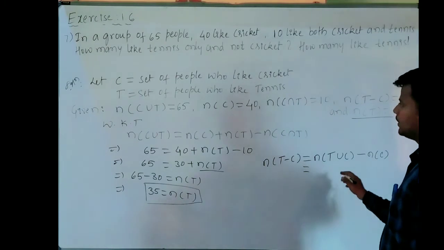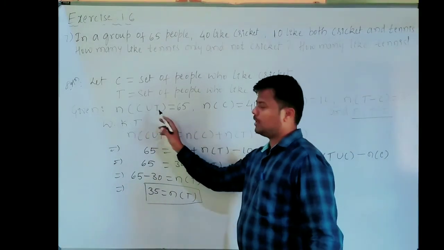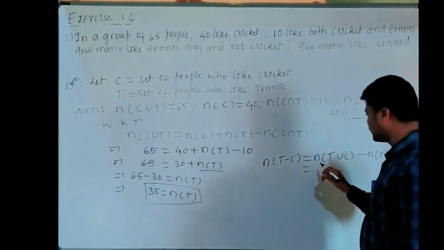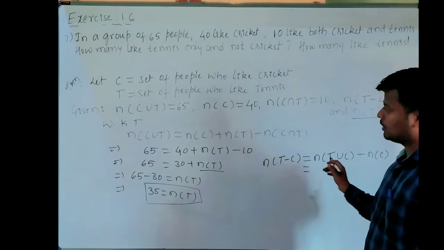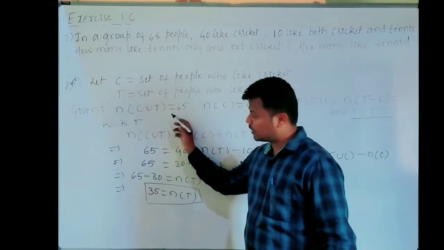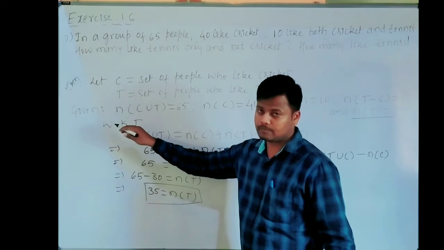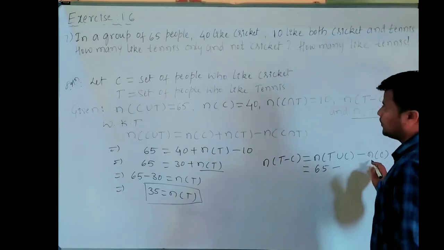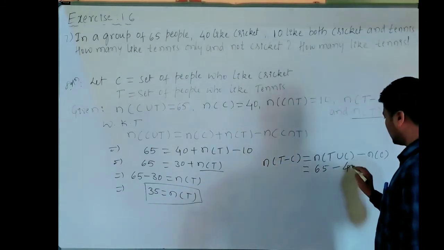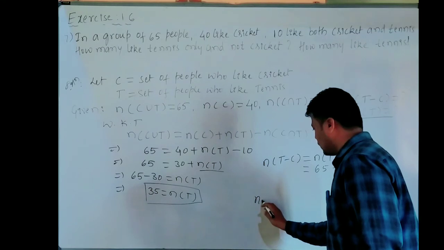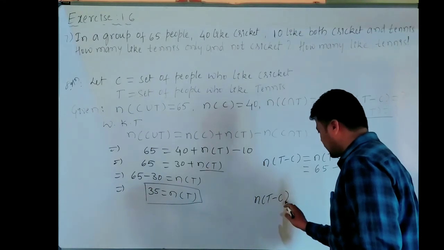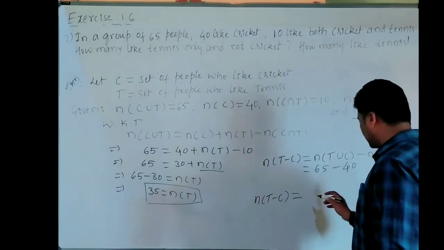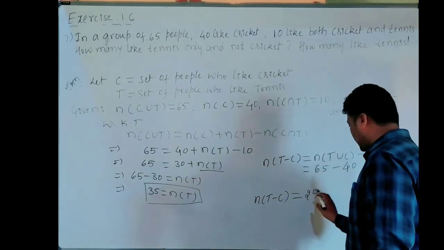What is n of T union C? It is the same as n of C union T, which is 65. Minus n of C, which is 40. So the number of people who like tennis but not cricket equals 65 minus 40, which is 25.